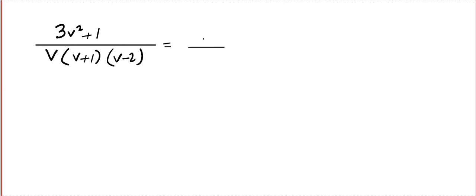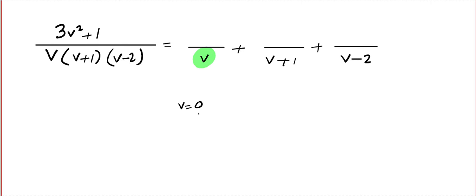Instead of writing a by, we write by v, plus by (v plus 1), plus by (v minus 2). Okay, now tell me, when will the first factor vanish? Of course, when v equal to 0. Plug it everywhere other than v. So 0 plus 1, 0 plus 1, 0 minus 2. That's it.